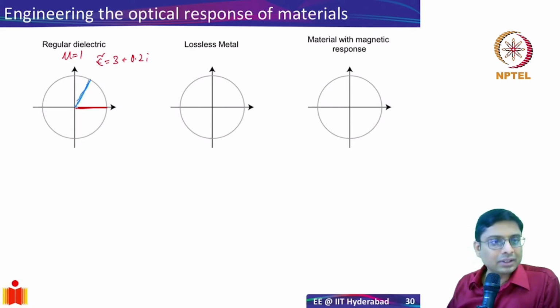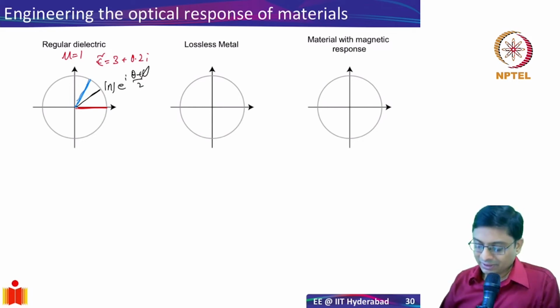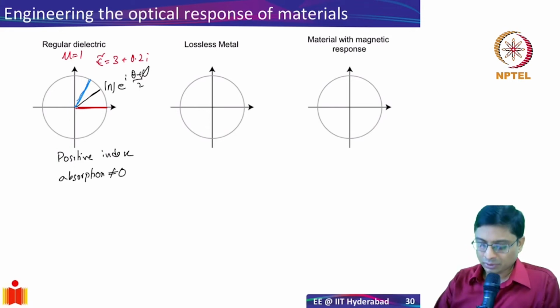My refractive index is going to be the average of these two, and that is going to be this, with some phase term, theta plus phi by 2. So this is the refractive index. That means the refractive index is positive. This is a positive index, and absorption is not equal to 0. There is some absorption because of the imaginary term.